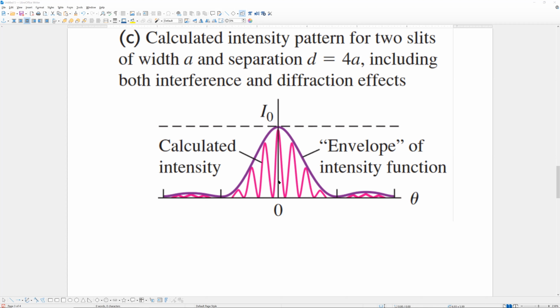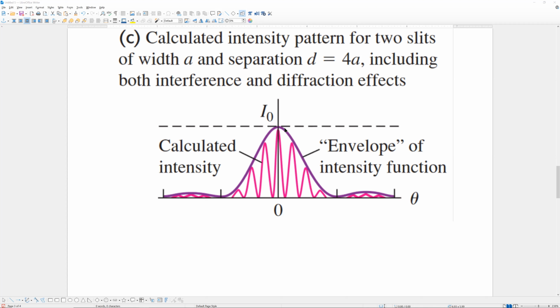So you end up with the red waviness fading out to zero, controlled by the single slit diffraction, and then it comes back again, but it never gets as bright as it was toward the center maximum.